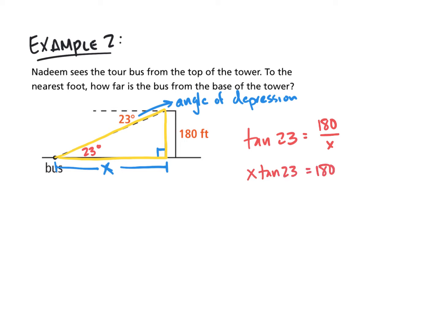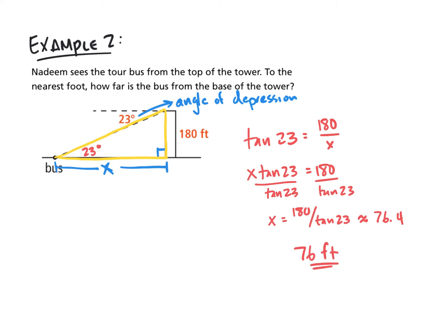And now I would divide both sides by tangent 23. So x is equal to 180 divided by tangent 23, which we'll type in our calculator and get approximately, let's see, to the nearest foot, about 76.4, so we're going to say 76 feet from the base of the tower.